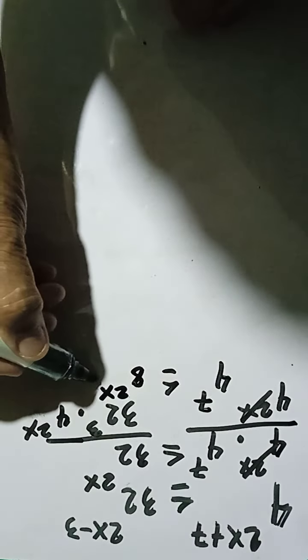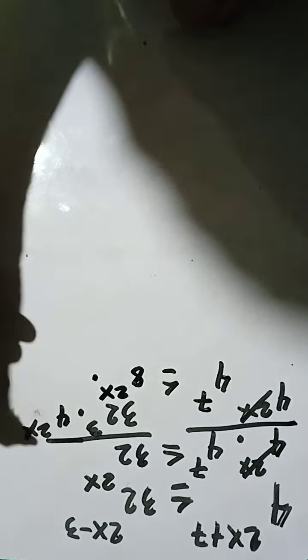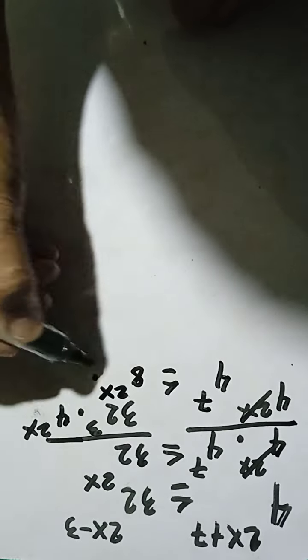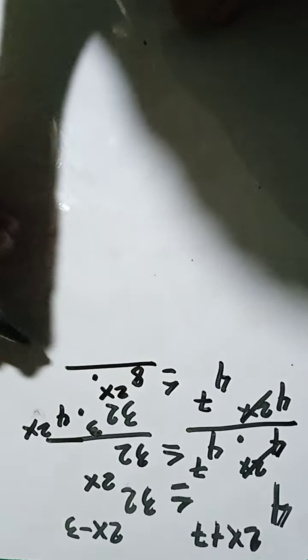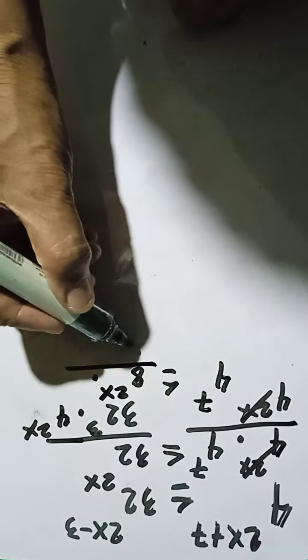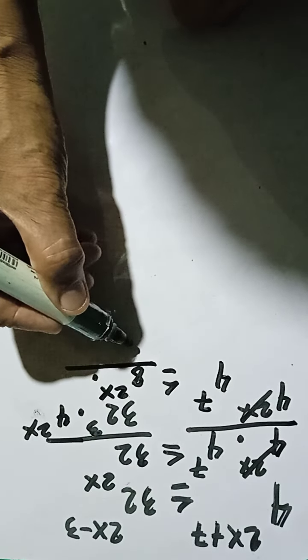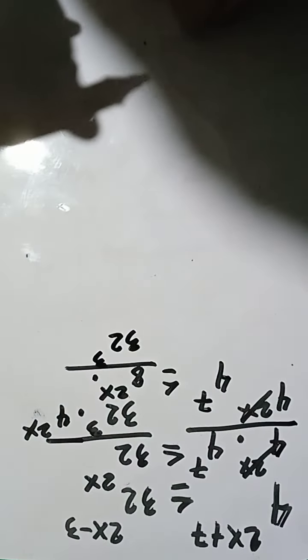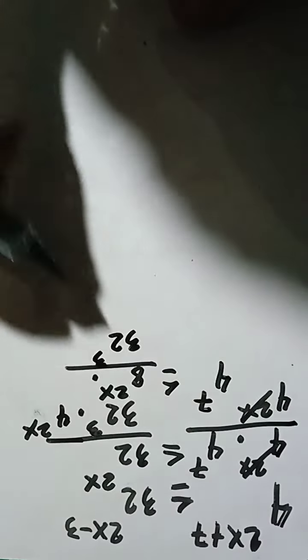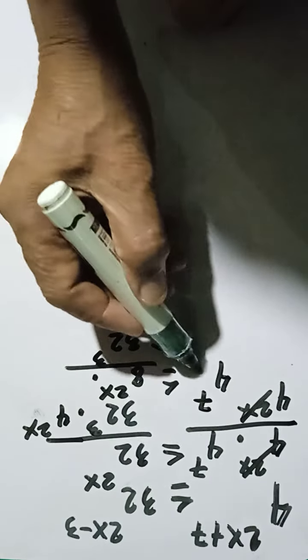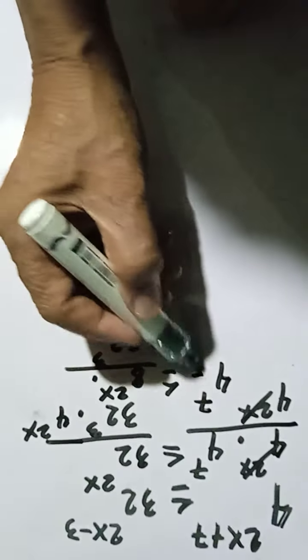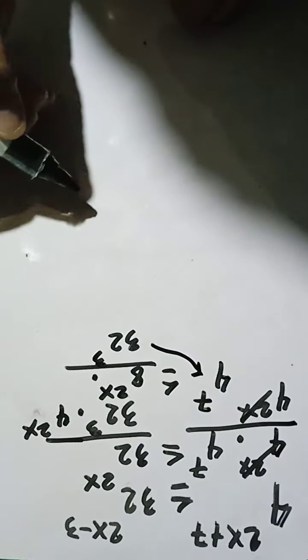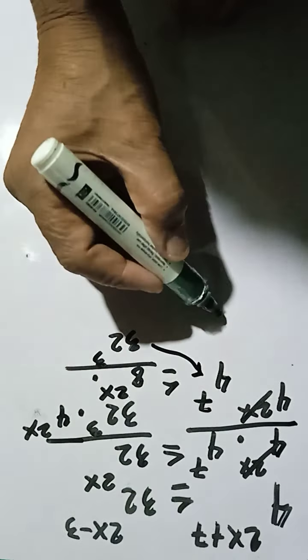over 32 cube. And we multiply this 32 cube to the 4 raised to 7.